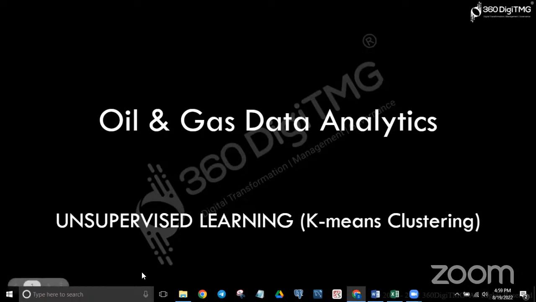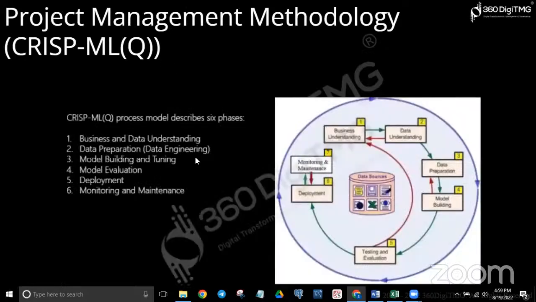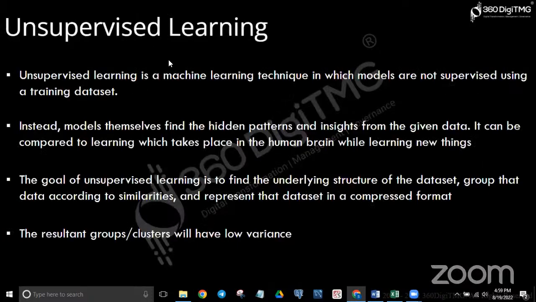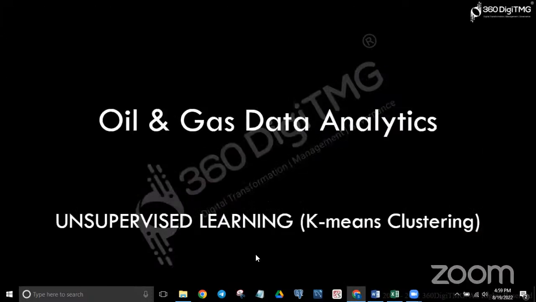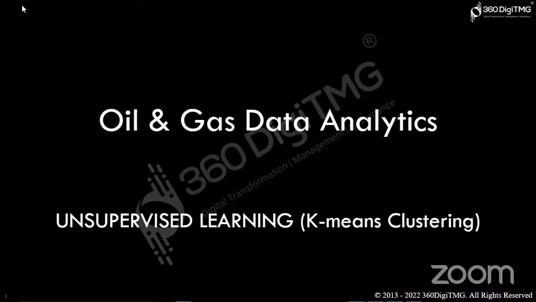So we are looking into oil and gas data analytics. In oil and gas data analytics, we have looked into different applications.